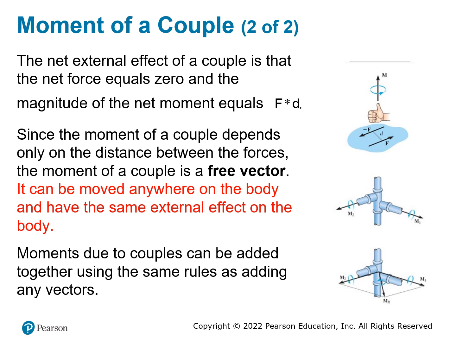So we call this moment of a couple a free vector, which means if you have these two forces acting on an object, well, this blue color thing is an arbitrary shape of the object, and as long as these two forces are the same amount, opposite direction, the rotation moment at any point of the object will be all the same.